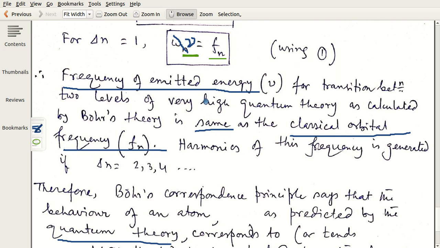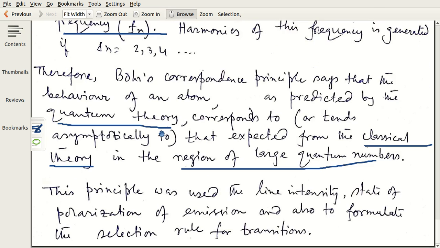In this case also we see that the emitted energy is nu for delta n equal to 1, and if delta n equals 2, it will be 2 nu, and then 3 nu. So the frequency of the emitted energy is also quantized. No intermediate value is allowed here. We can also get a glimpse of Planck's law from Bohr's correspondence principle.